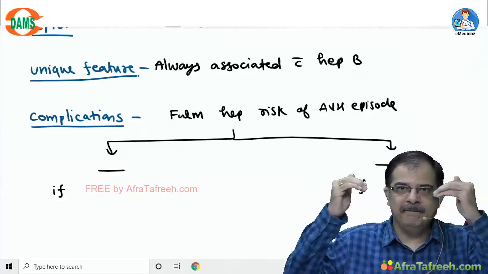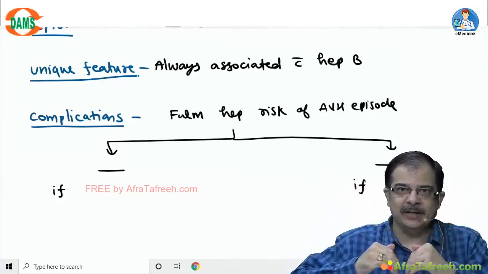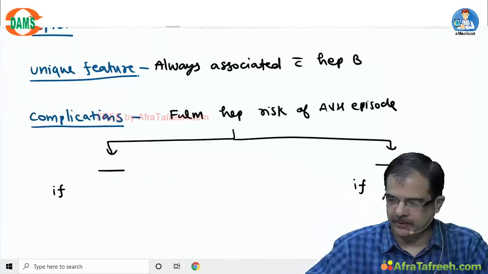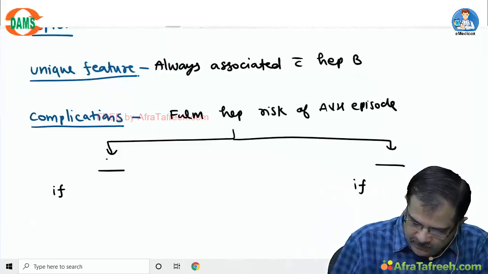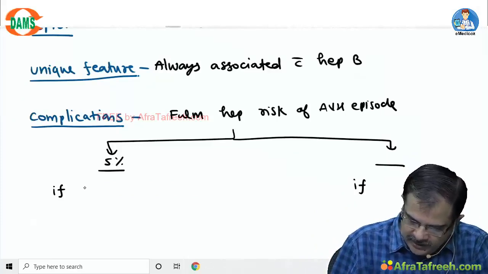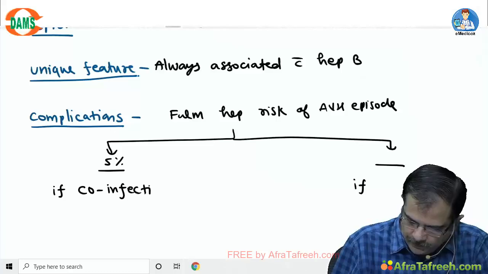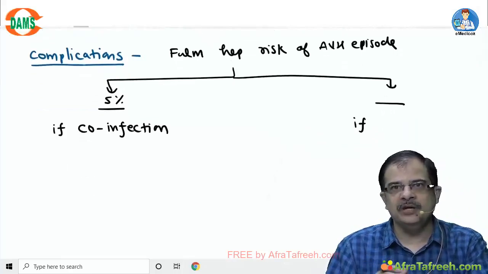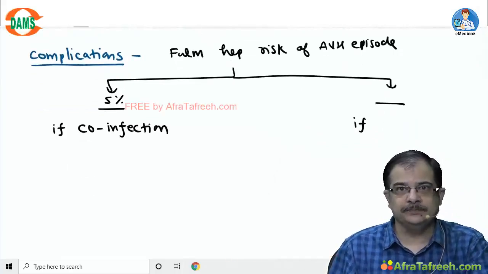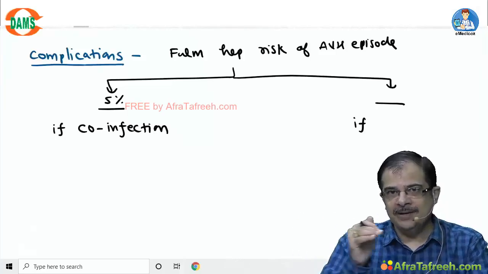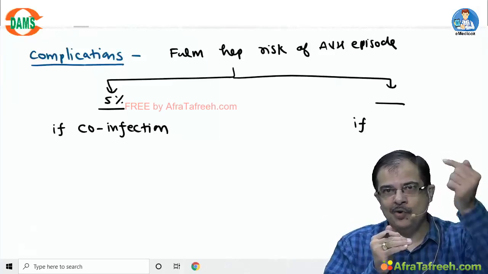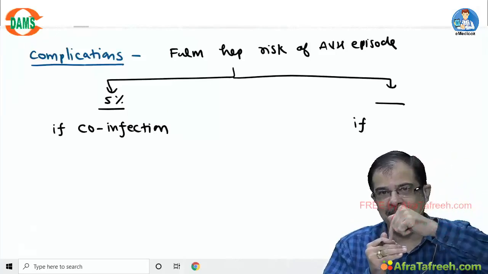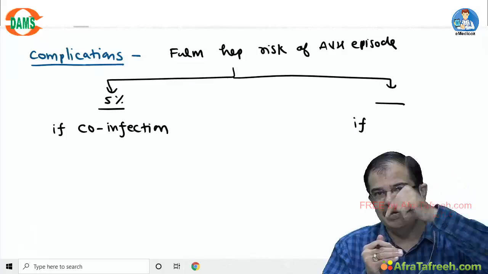If both B and D are simultaneously coming, that is known as co-infection. If there is a co-infection, the risk is 5%. If B was already there chronically, and on that D came, that is super infection.